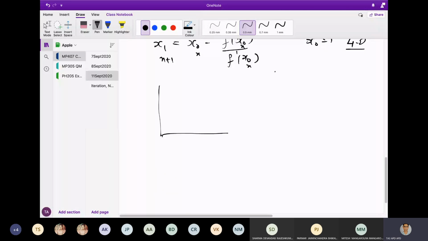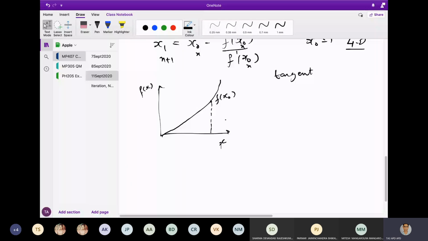So that means if you have, let me just draw some curve. If you have some curve, and at some point over here, let's say at this point, you have the value of this particular function, which is f of x naught, the initial value. So that is your f of x versus x.